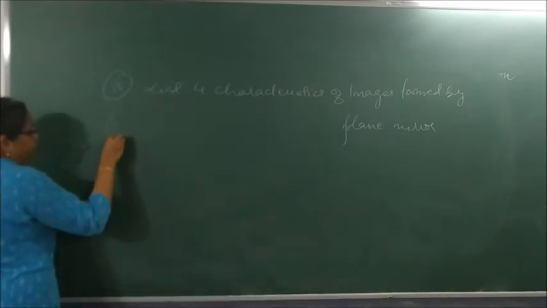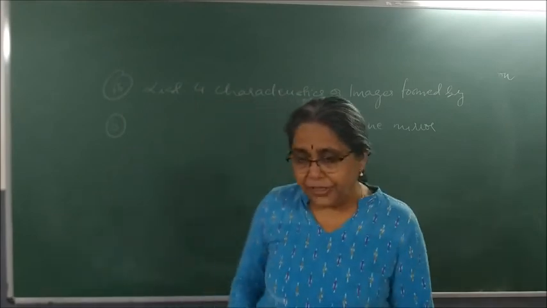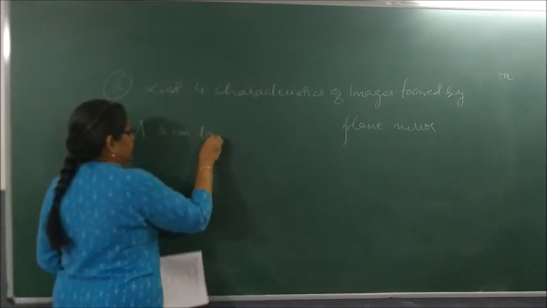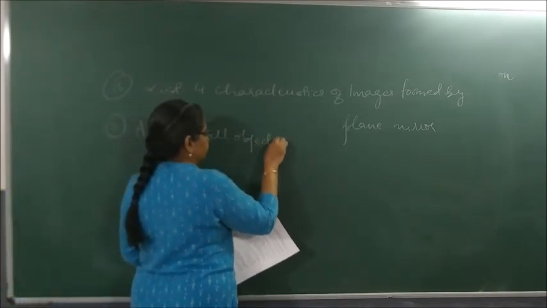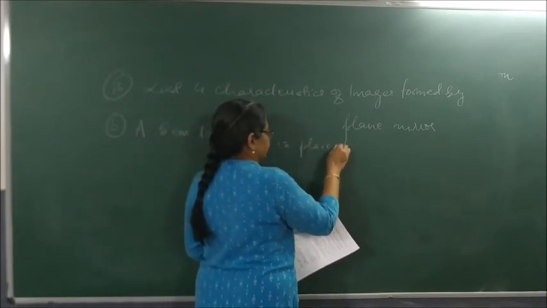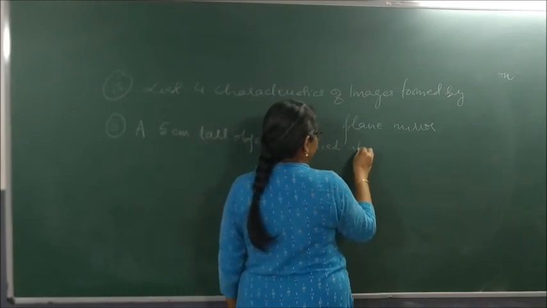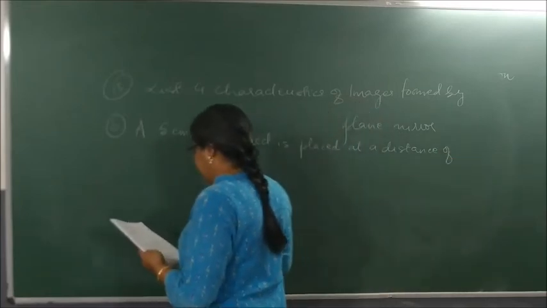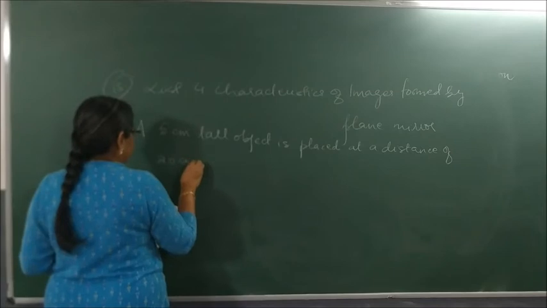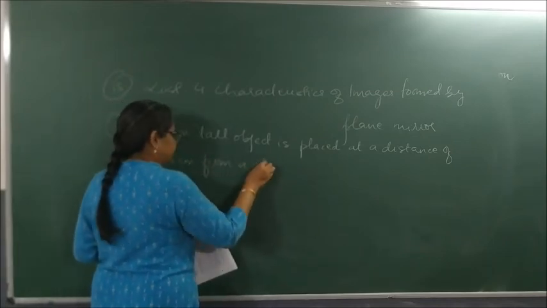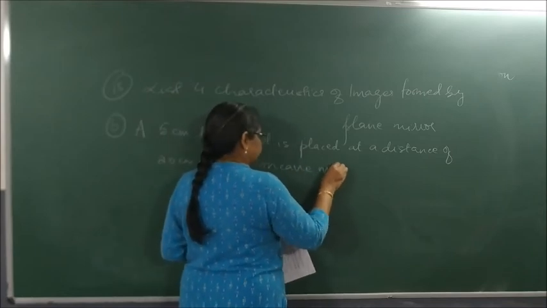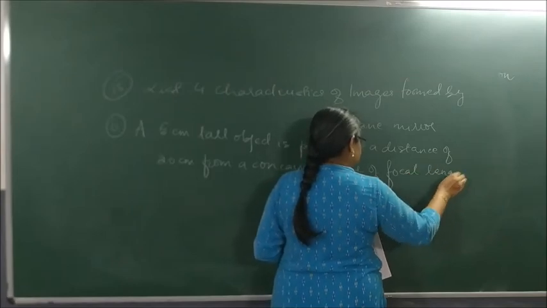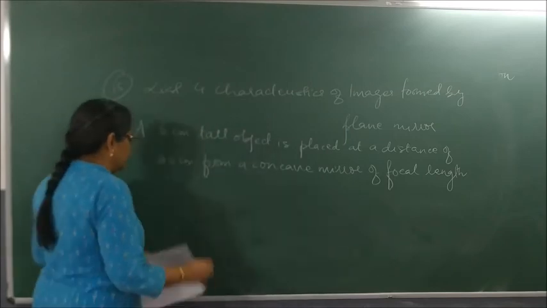The B part of the question, 15th B part. A 5 centimeter tall object is placed at a distance of 20 centimeter from a concave mirror of focal length 30 centimeter.